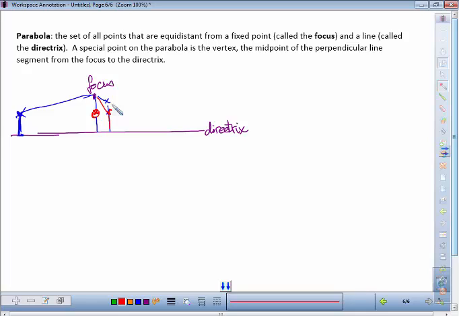If you could imagine picking another, even this far over here, as long as the distance from that point to the directrix and the distance from that point to the focus is the same, that will be part of my parabola. And if I find every single such point, you'll see that it'll be in the shape of a parabola. The parabola that we all know of as a parabola.